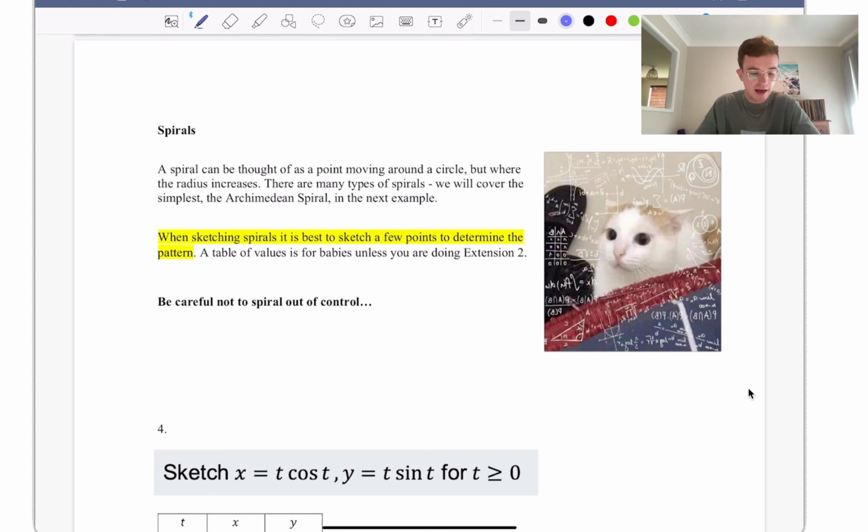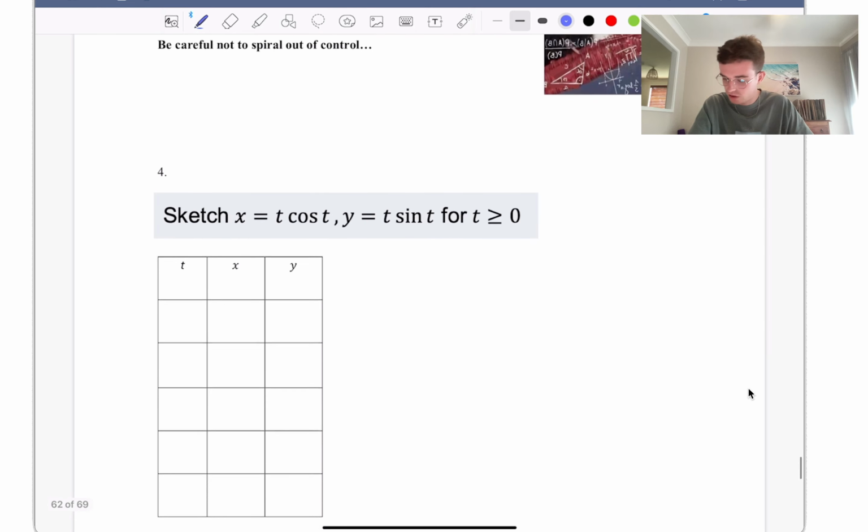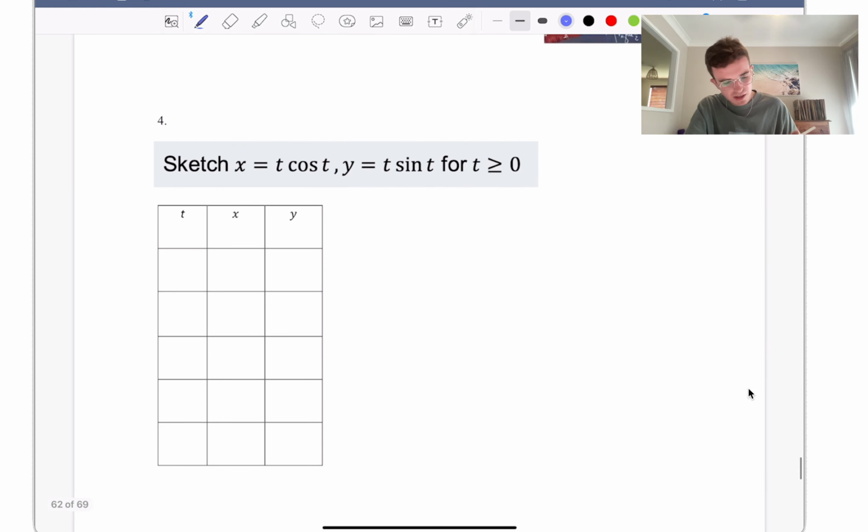Now, when we're sketching spirals, it's best to consider a pattern, and we'll do that with a table of values. And yeah, usually I don't like tables of values, but for spirals we're going to use a table of values. So since it's t cos t and t sine t, as t increases, it's kind of increasing the x and y, so the radius is increasing.